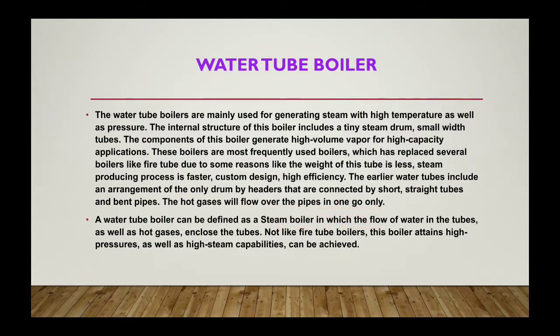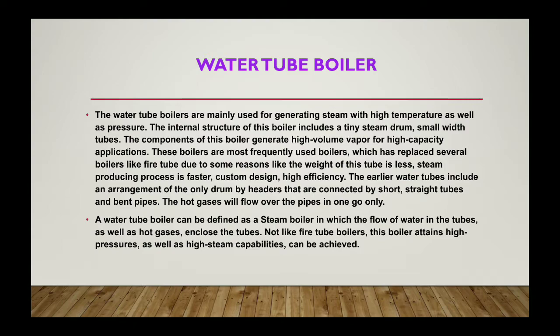So a water tube boiler can be defined as a steam boiler in which water flows in the tubes and hot gases flow around the tubes, not like fire tube boilers. In these boilers high pressure as well as high steam capabilities can be achieved.